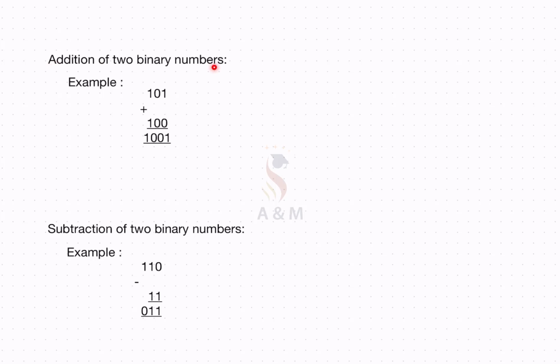Addition of two binary numbers. Example 101 plus 100. We get 1001. That is, 1 plus 0 is equal to 1. 0 plus 0 is equal to 0. And 1 plus 1 is equal to 10. In decimal, 1 plus 1 is equal to 2.